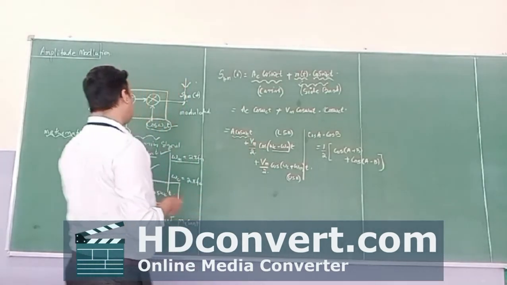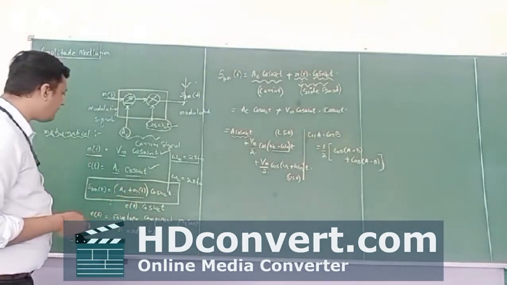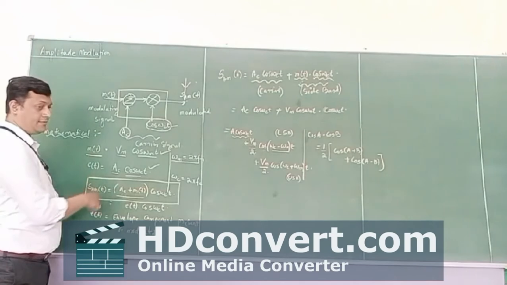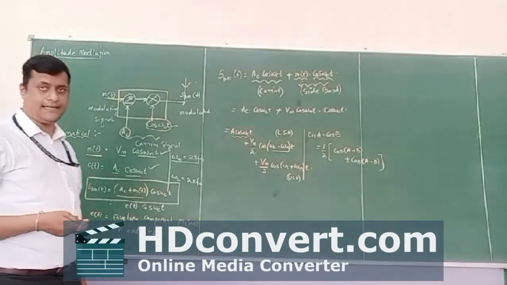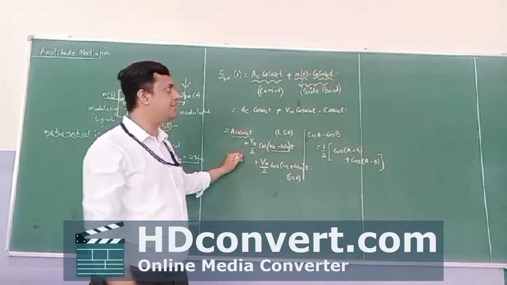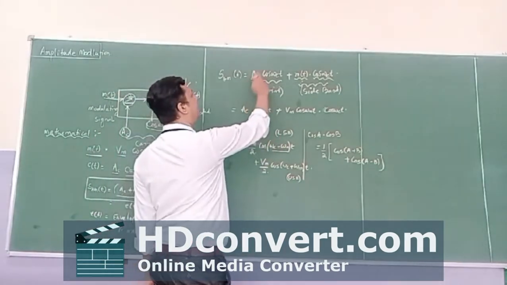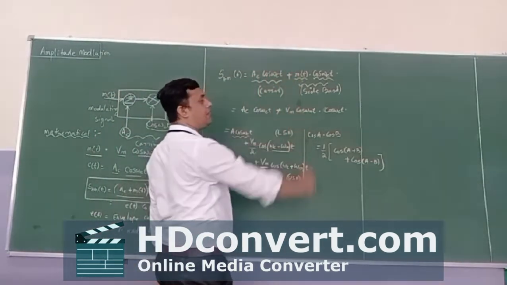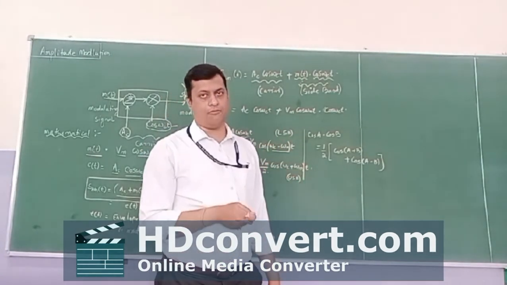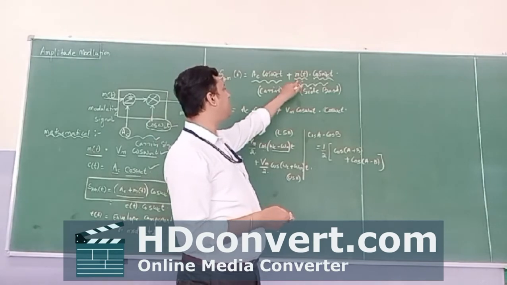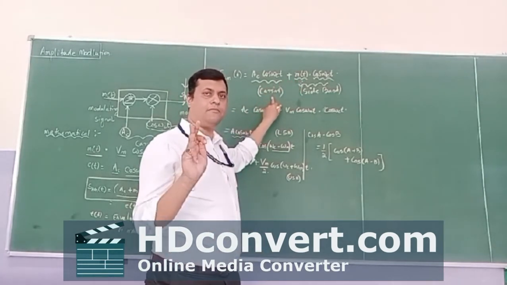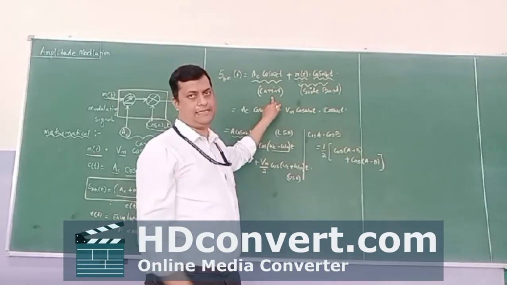Now one more important thing: if you take this A_c outside, that indicates our modulation index. For the time being, I have not discussed the modulation index. I have just expanded the carrier component with our modulating signal imposed on it. This is called our sideband, and this is called our carrier. Now in AM, two sidebands and one carrier component are available.